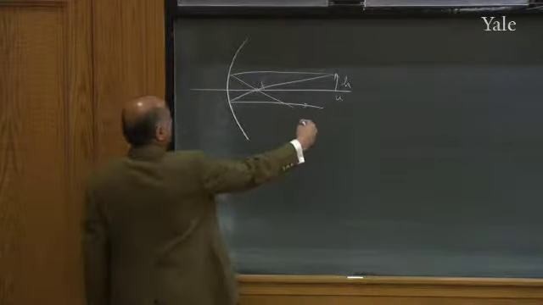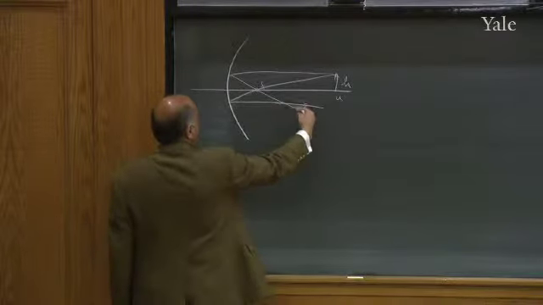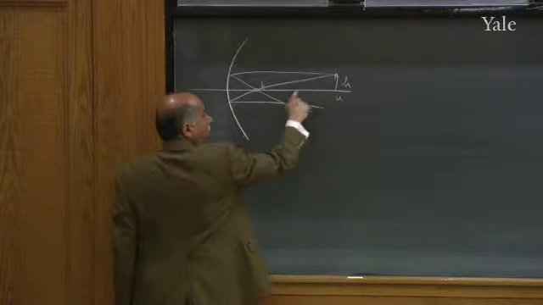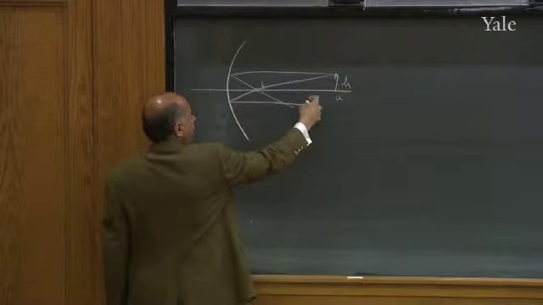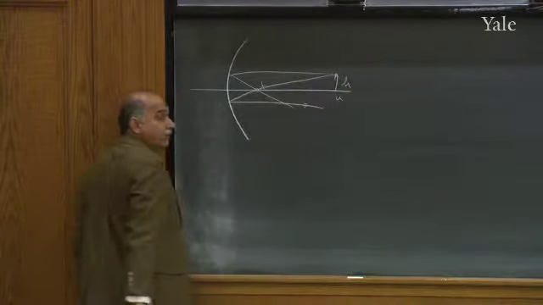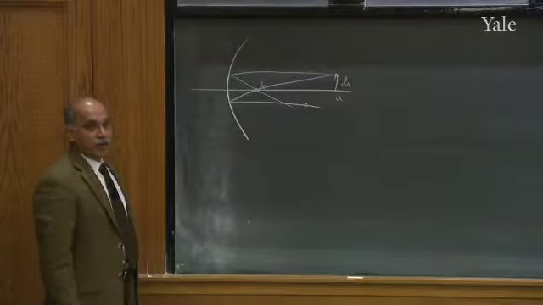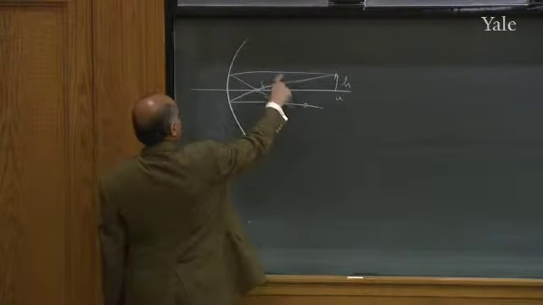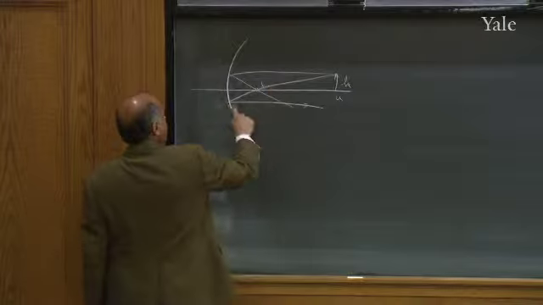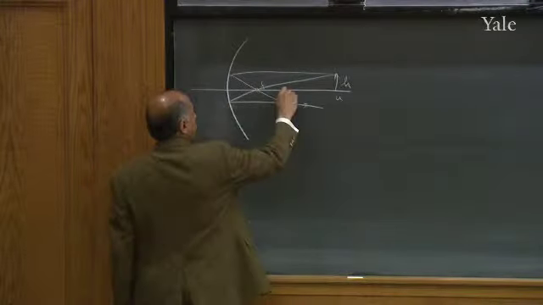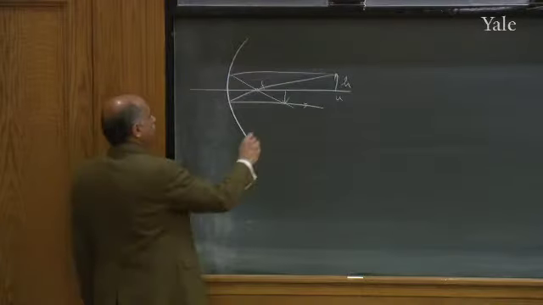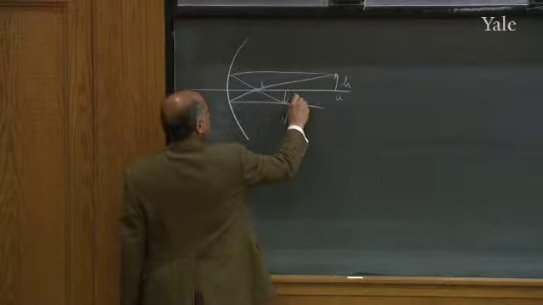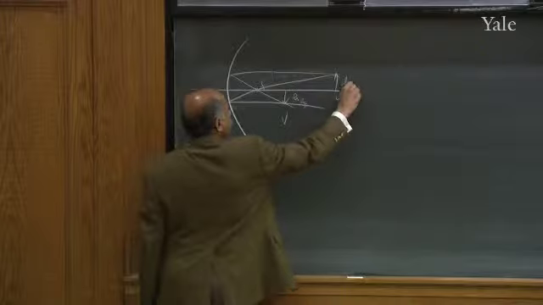I know that if I run the ray backwards, a horizontal ray will go through the focal point. But if going backwards it's a good idea, namely least time, it's also a good idea going forward. That's why we know that parallel will go through focus, and what goes through focus will come out parallel. So you join them, and you get the image there, at a distance v and a height h2.